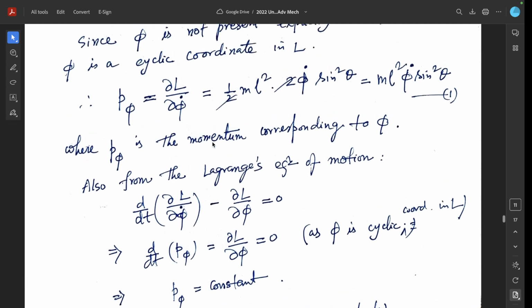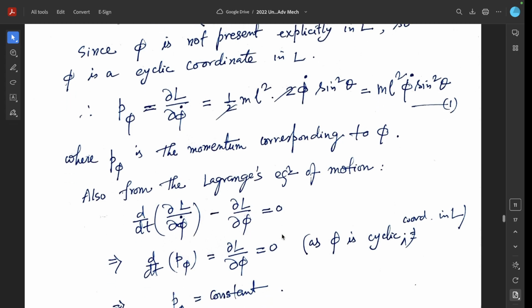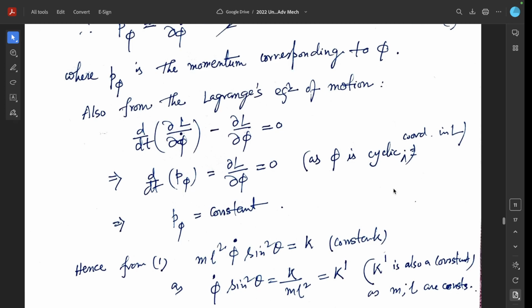And the Lagrangian equation of motion is d/dt of del L by del phi dot minus del L by del phi equals 0. So d/dt of p phi equals del L by del phi, and this equals 0, because phi is a cyclic coordinate in L.